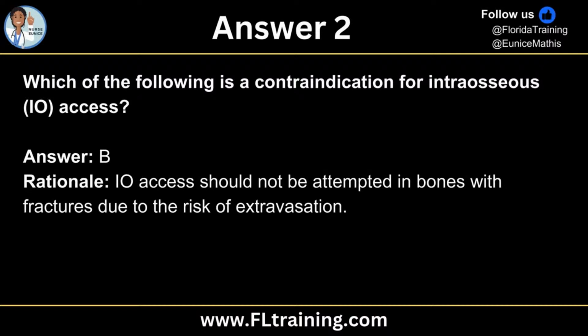Don't forget that we're also not going to use a leg that is edematous or if it appears to have cellulitis. If we know the person has a history of bone cancer or bone infection, that would not be the extremity that we're using in order to administer medications via the intraosseous route.